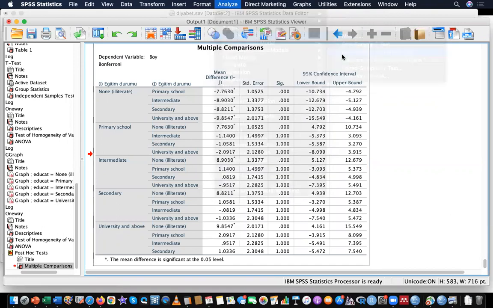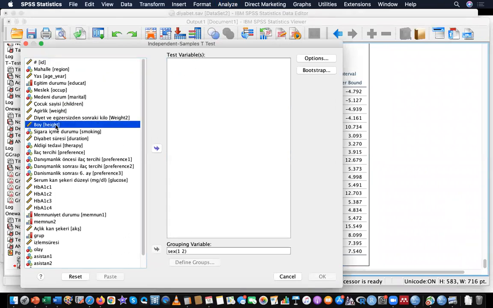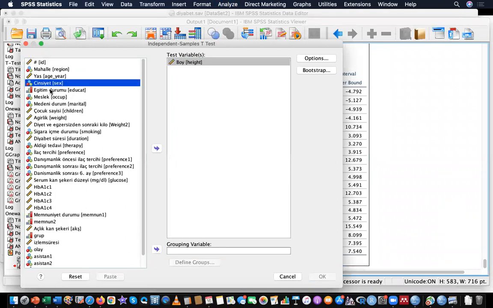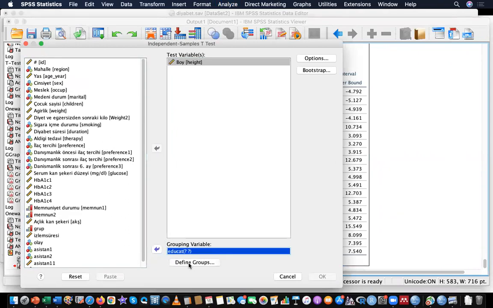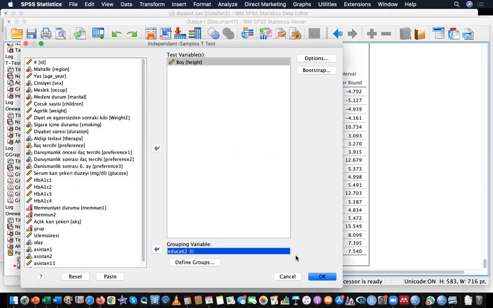I just want to compare the height between the two categories, category 2 and category 3.